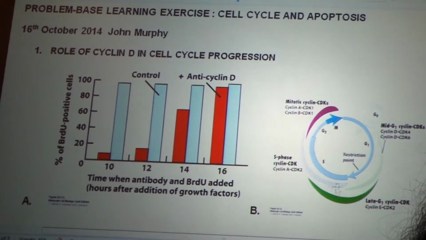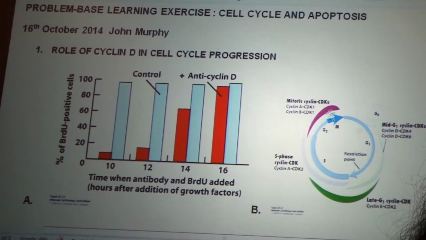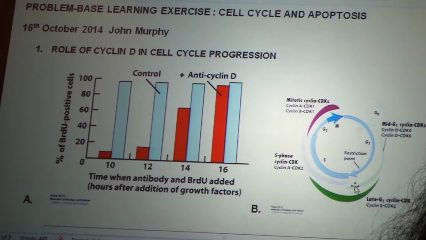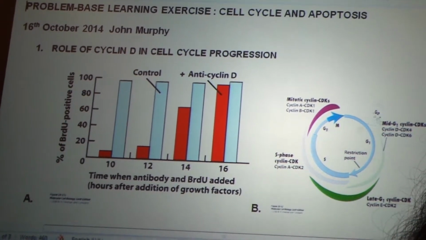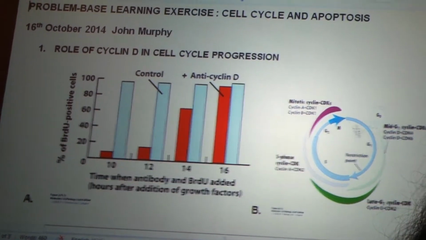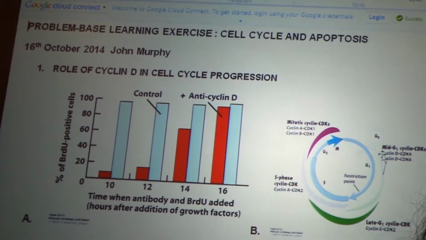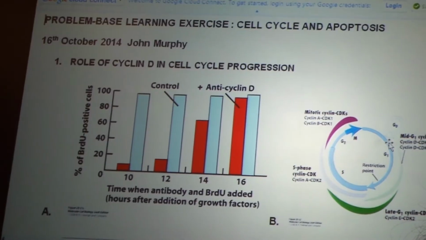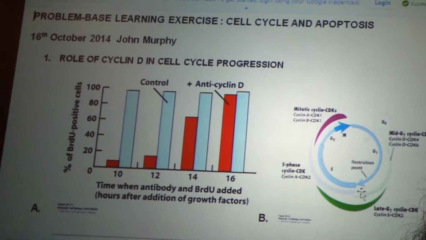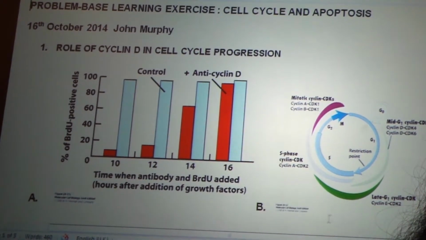If you look at the cell cycle, if we say that that's probably about 24 hours, it could be longer for some cells. You can see that cyclin D here is required in this first part of the cell cycle, the G1 phase.